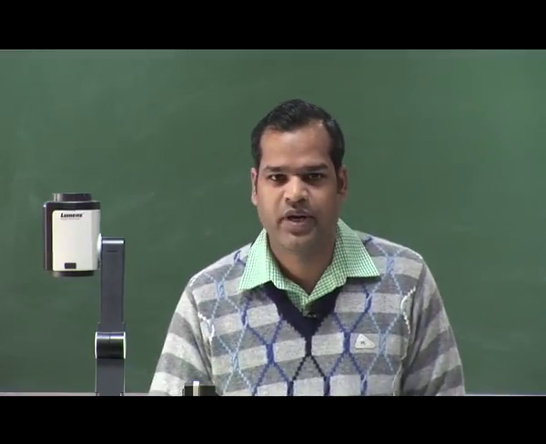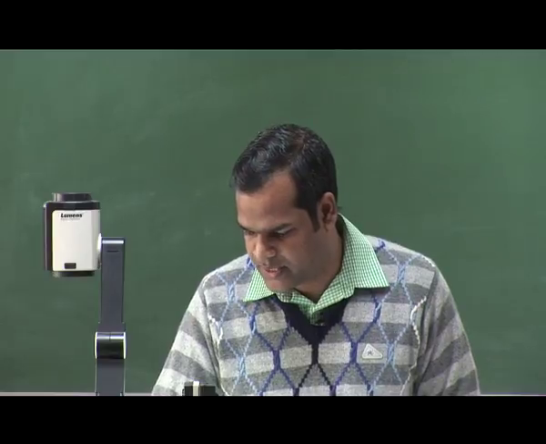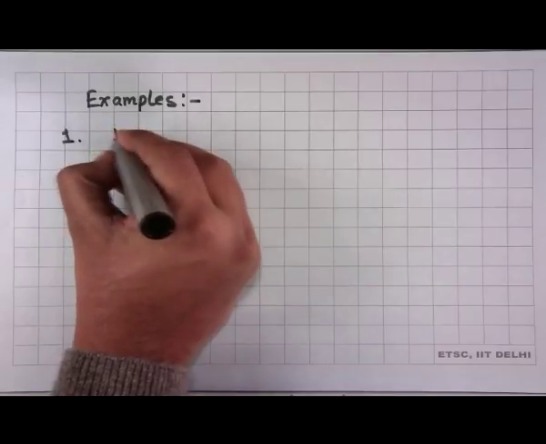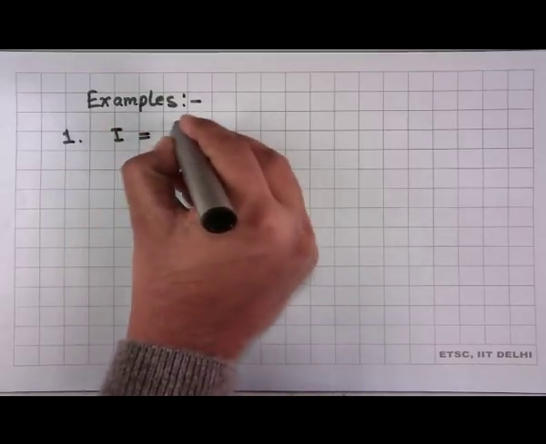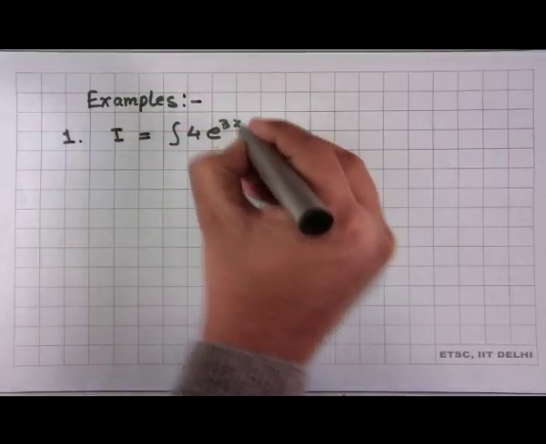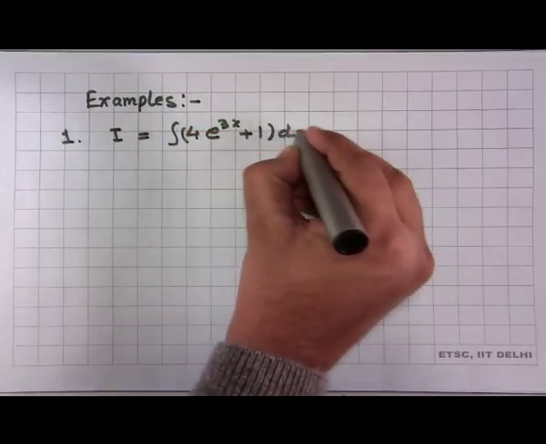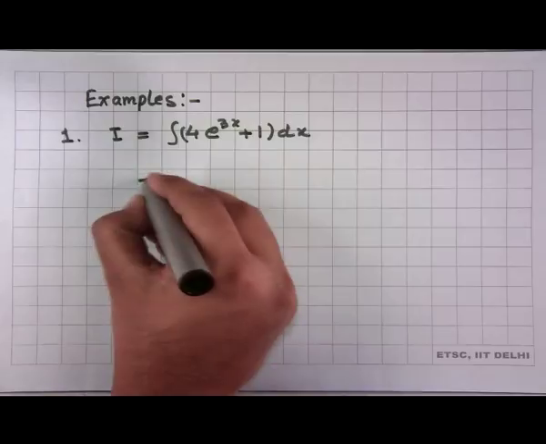So, now we shall look at some examples depending on the properties and integrals which we have learned. The first example that I have chosen is very simple: to find the integral of the function 4 e raised to power 3x plus 1 dx.